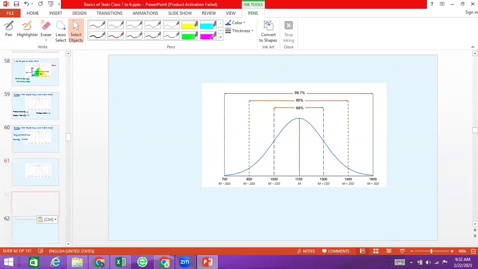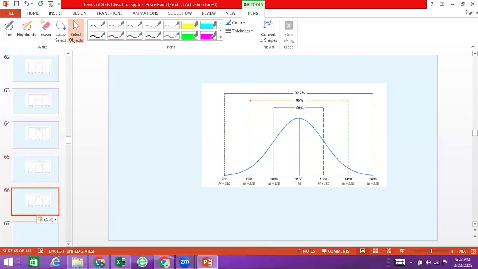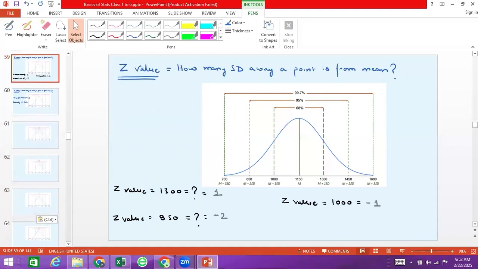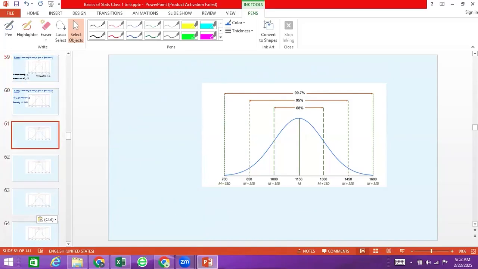Consider if a value comes between 1300 and 1350, what should we take as the Z value? Yeah, I was discussing that point only. The next point was, what is the Z value of, let's say, 1400?